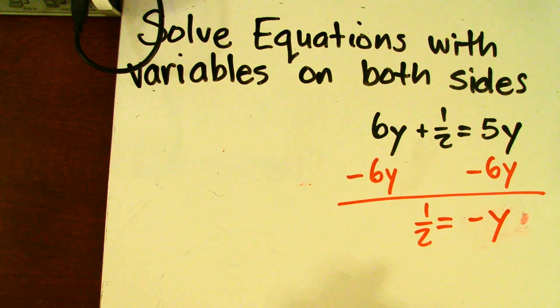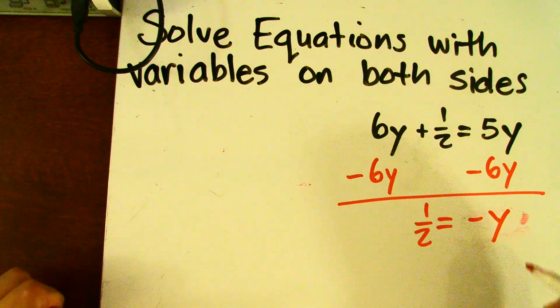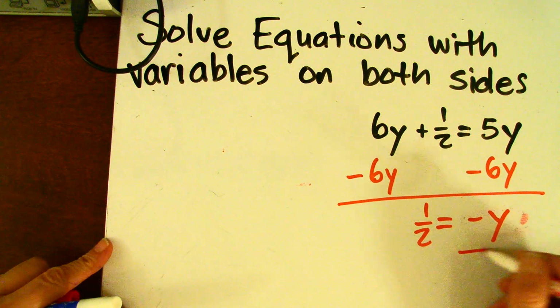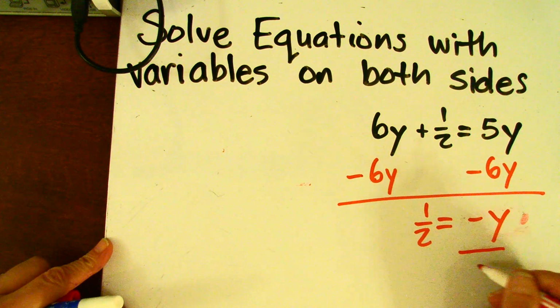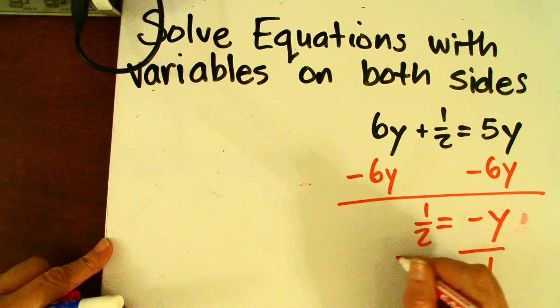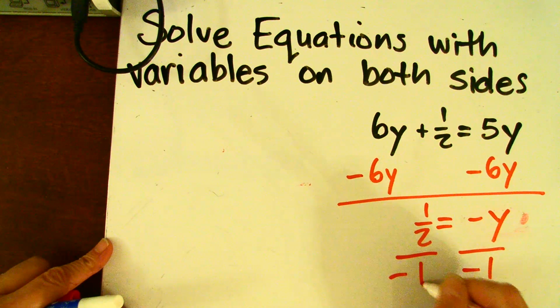Now, understand that we want to figure out what the value of y is, not a negative y. So because this is negative 1y, I'm going to divide by a negative 1, divide by a negative 1.